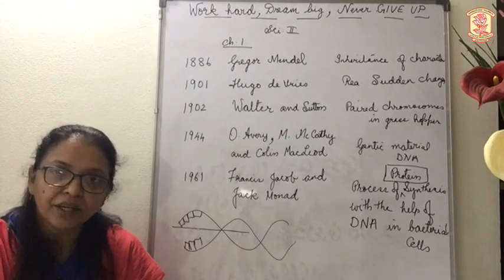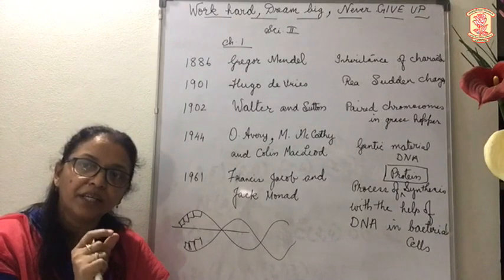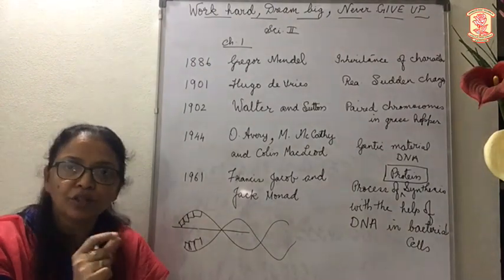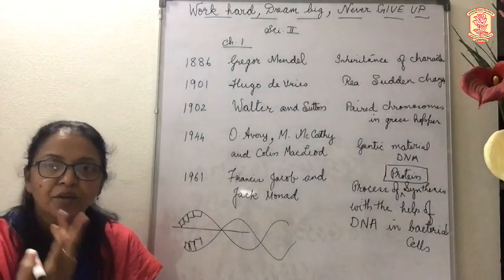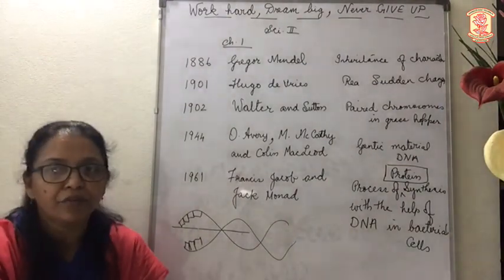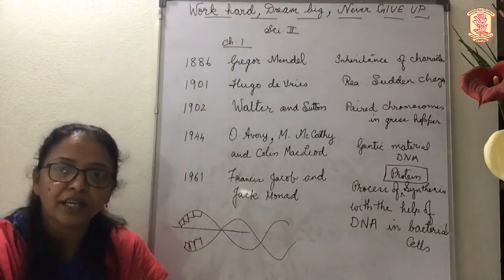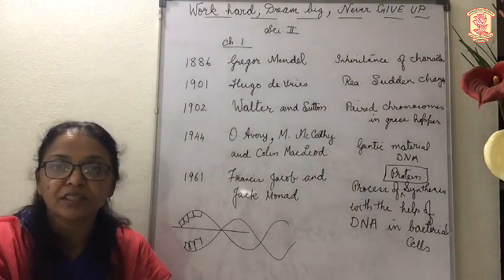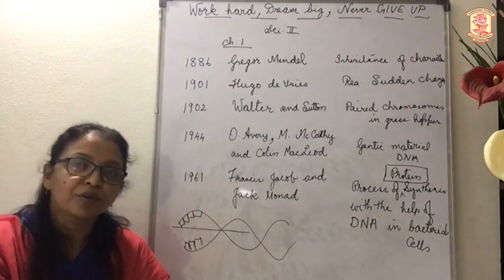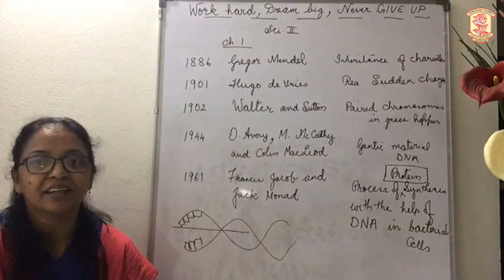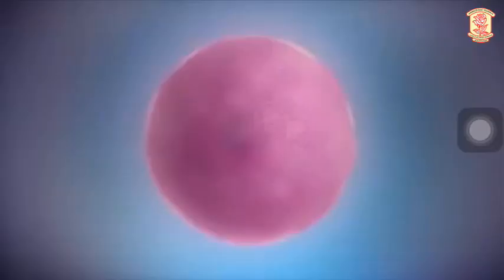And towards the end we learned what is mutation. Mutation is nothing but a change in the positions of the nucleotides due to sudden changes, maybe some kind of environmental factors. Once mutation takes place, there will be a change in the characteristics of that particular organism. So this is what is regarding heredity, chapter 1 of science 2.